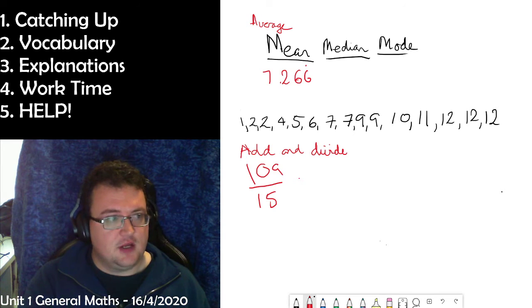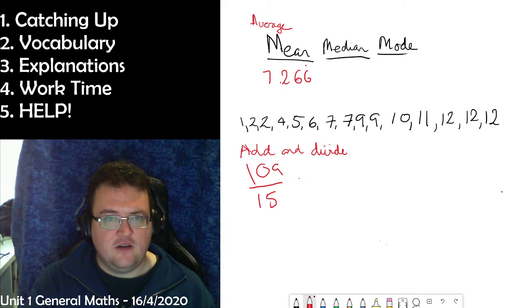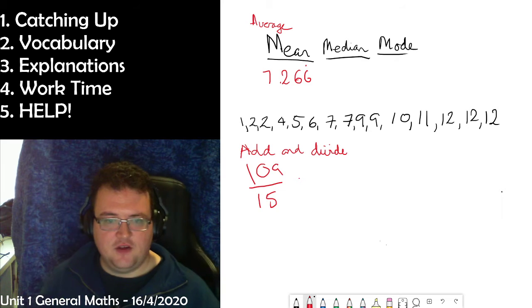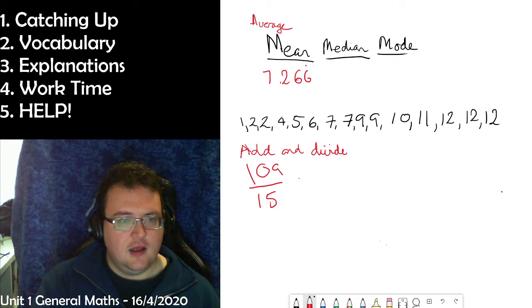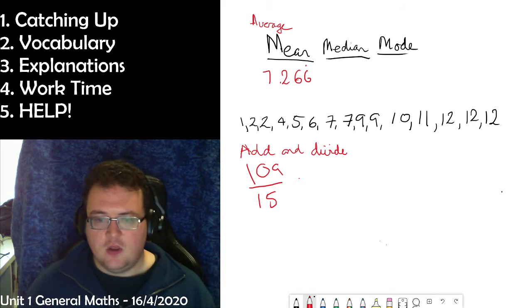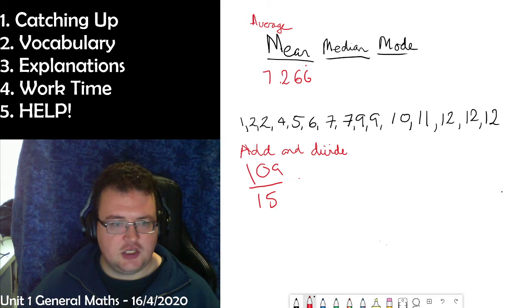Let me just check something. Yep, the numbers should be there. Just hide the chat, and then you should be able to see everything. Okay, so 109 divided by 15 gets you your mean.